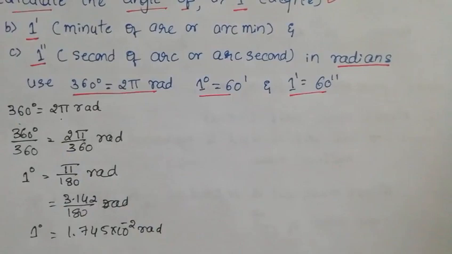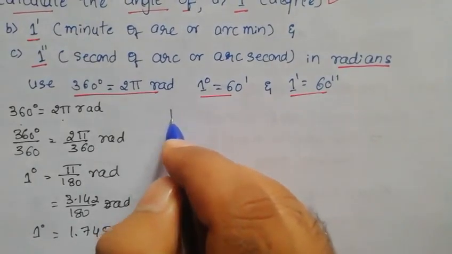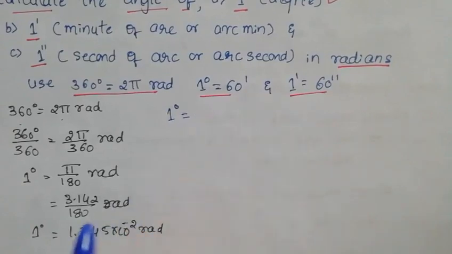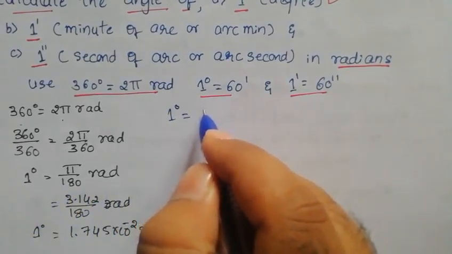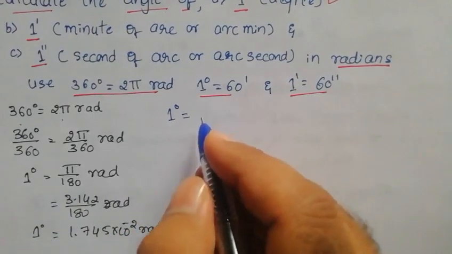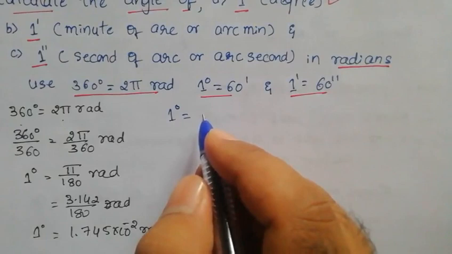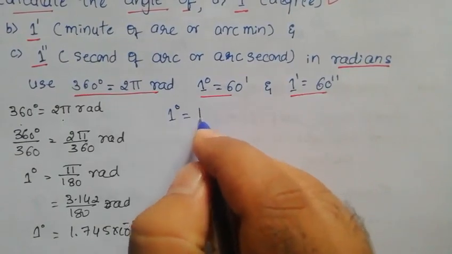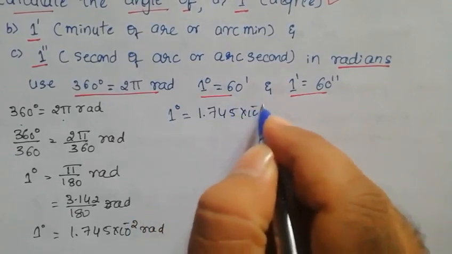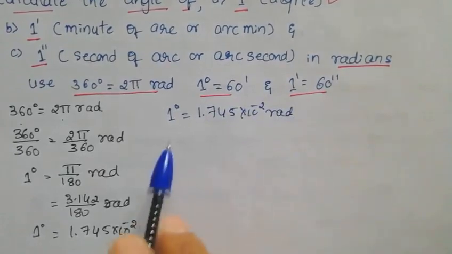Here I am going to use 1 degree. 1 degree equals pi by 180 radian, or you can take this directly, no issues. So 1 degree equals this much, we got it now.